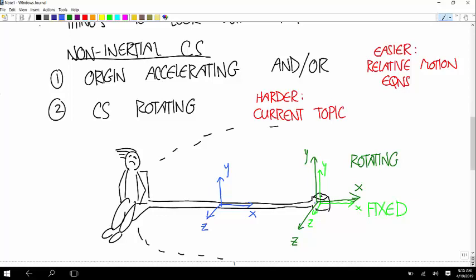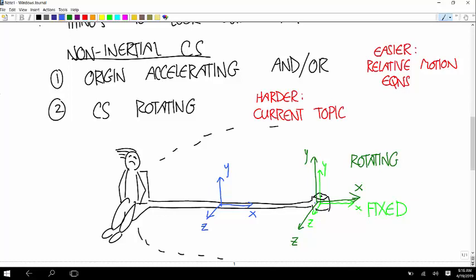The second, the dark green one, is rotating with the arm. Is the origin accelerating? No, the origin's staying in one place. All that's happening is the coordinate system's rotating. And so in that coordinate system, you would use the video camera to measure what you see as the acceleration. In this case, it would be 0 because you're just looking at the person sitting there. And then you apply the correction that comes from the rotating coordinate system, the stuff that we're doing right now.